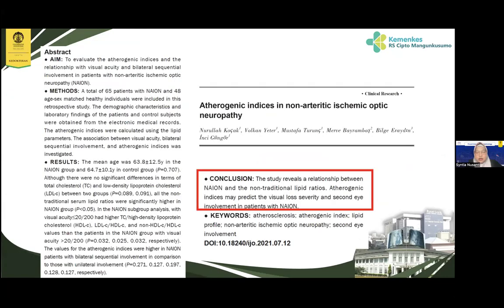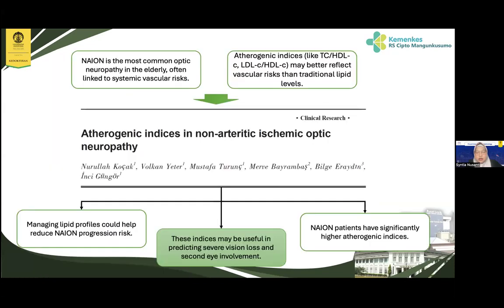And a study by Kochak et al. revealed a relationship between atherogenic indices and non-arteritic ischemic optic neuropathy, which have previously been used as biomarkers for cardiovascular disease. The study found that NAION patients have a significantly higher atherogenic index compared to controls, and this index may be useful for predicting severe vision loss and second eye involvement.